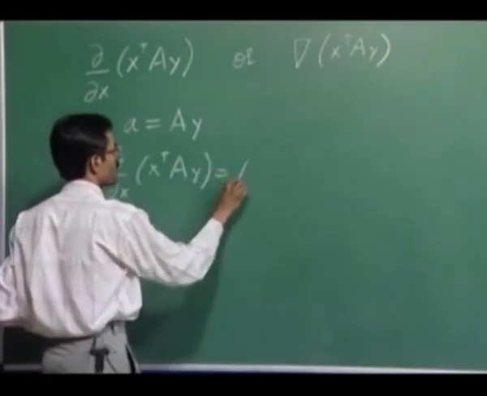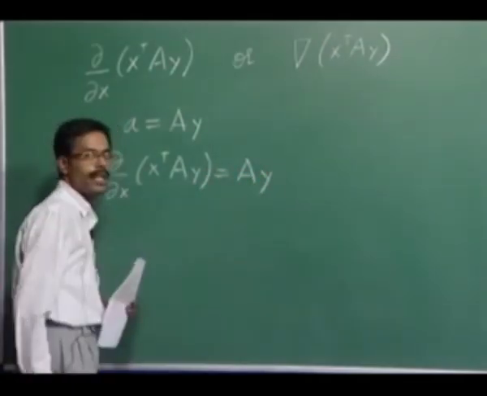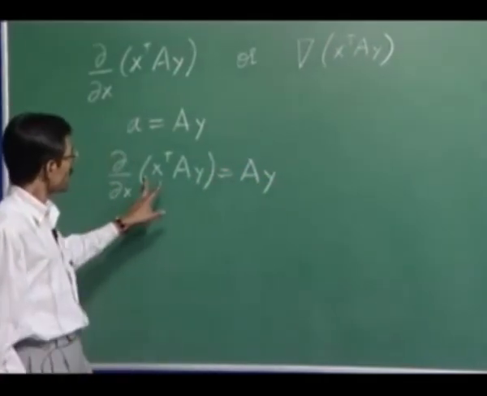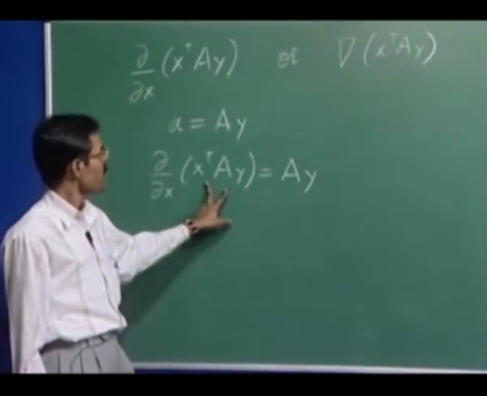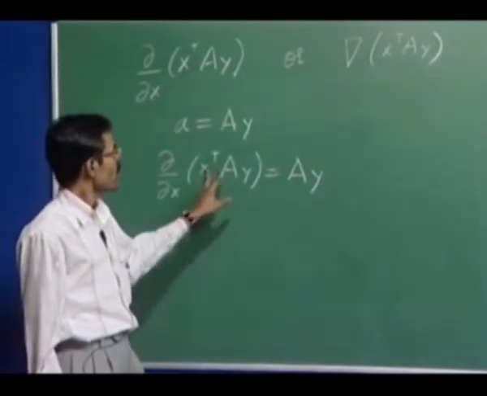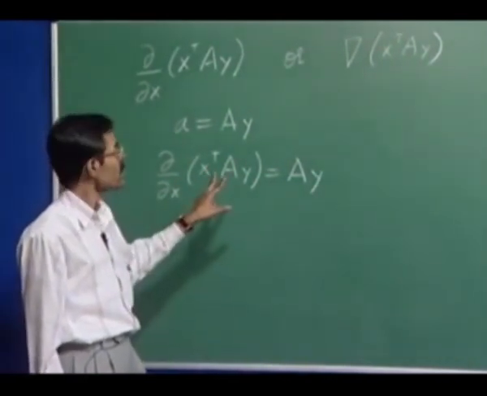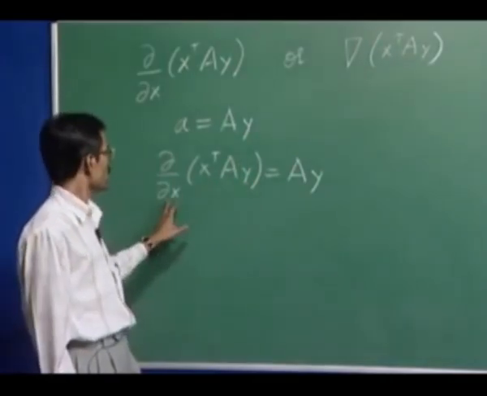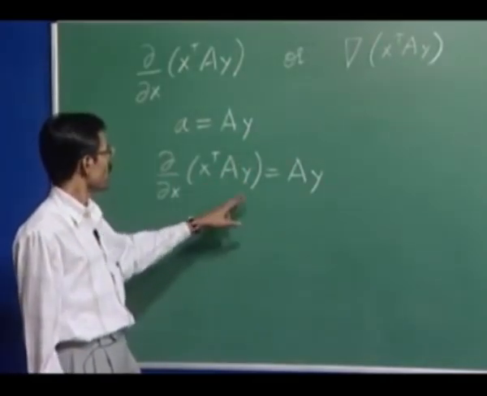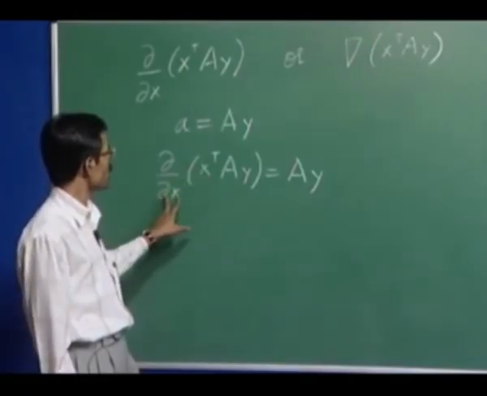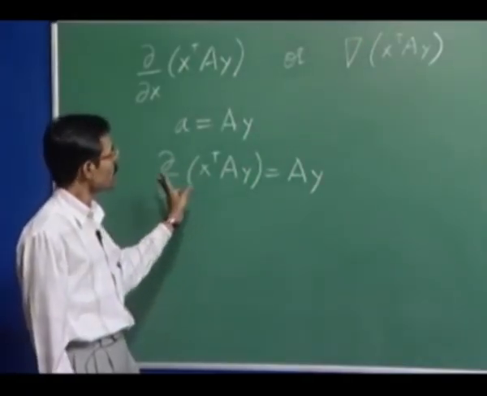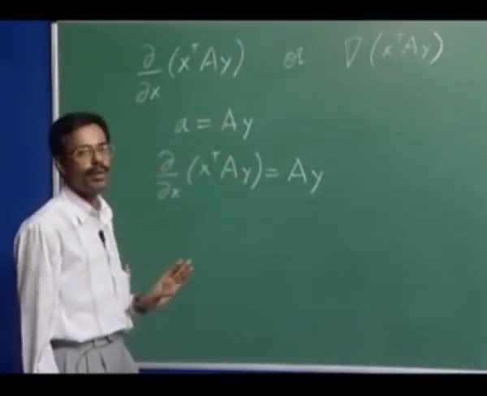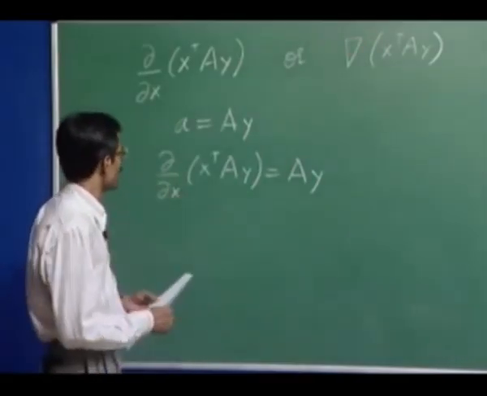This will be A y. Now, note that this function x transpose A y is actually a function of two vector variables if we consider y also as a variable. This derivative is its gradient with respect to variable x. With respect to variable y also we can find out the derivative.